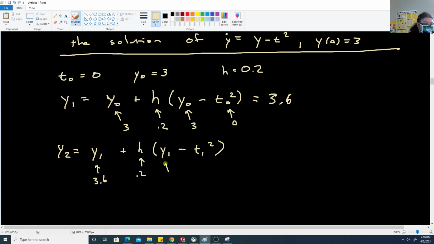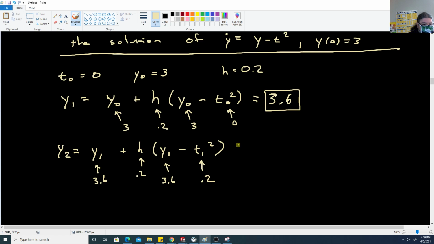Our y1 value we just found was 3.6. Probably box that in because that's our first value they asked us to find. And the t1 value, well, when you were here at the initial t, you were at 0. At the one point, you had taken 1 time step. So this will be 0.2.